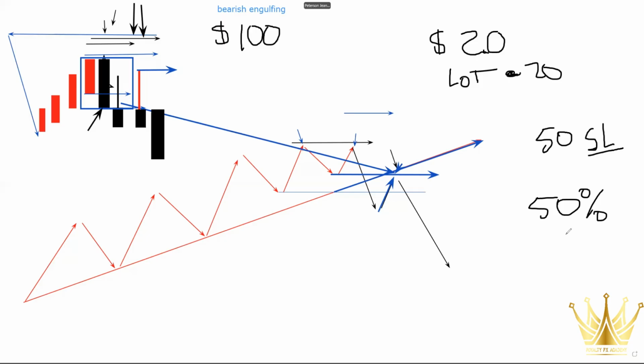Now, when it comes to trading, you need to be very mindful and remember position sizing, okay? Meaning, check your capital, meaning how much money do you have.